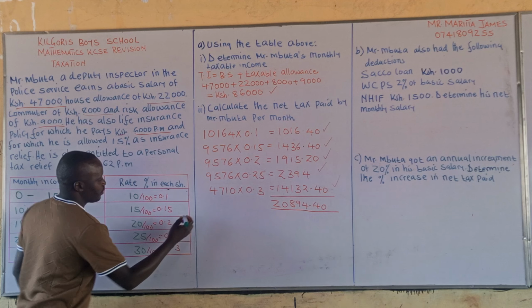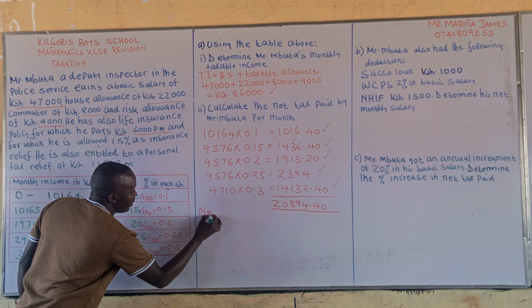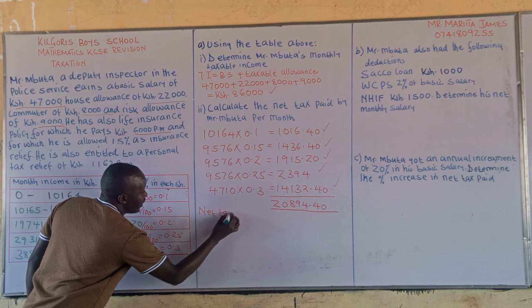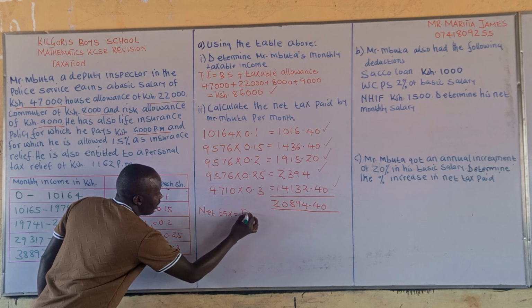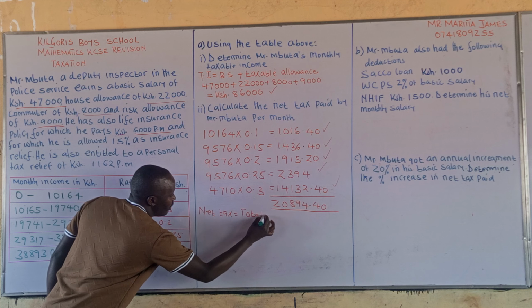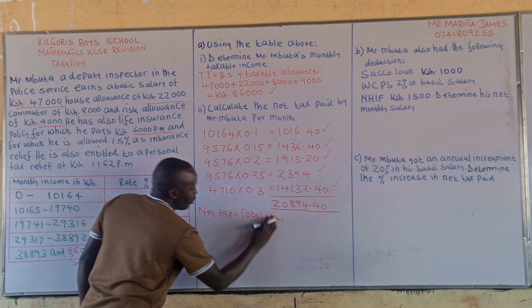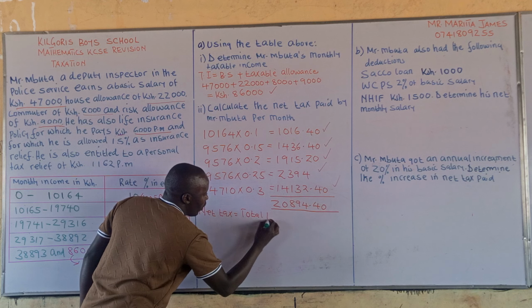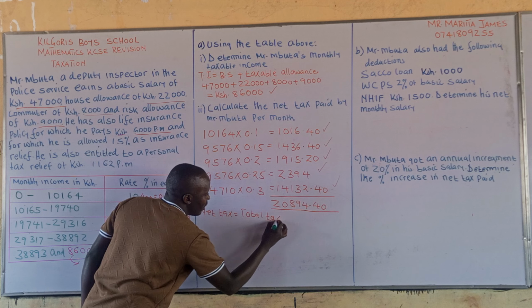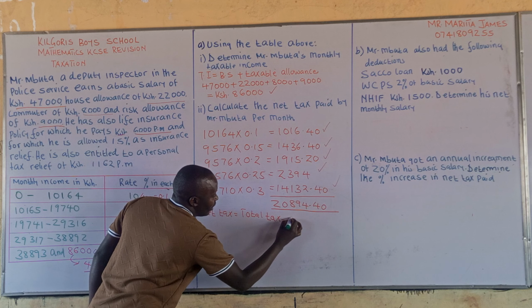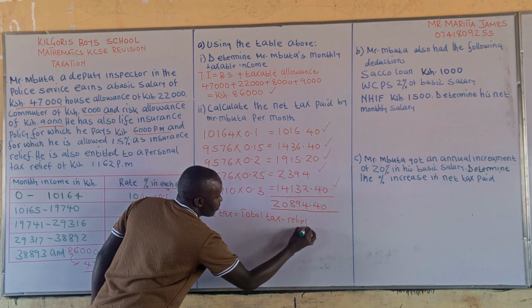Our net tax is equal to the total tax minus the total relief.